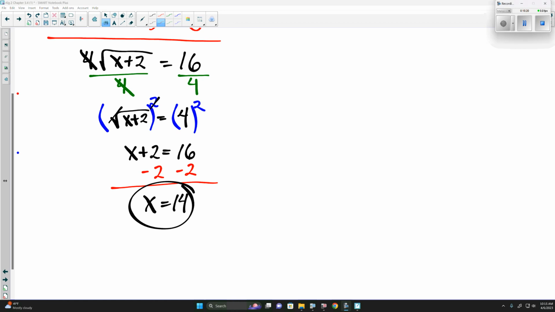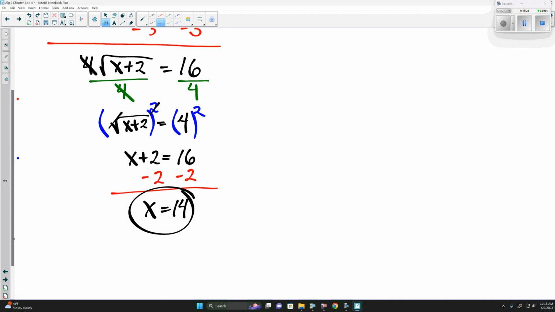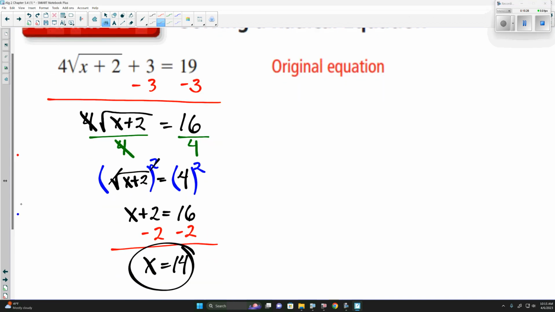So any questions on how we found the value of x? Now at this point, we can check this. 4 square root of 14 plus 2 plus 3 is equal to 19. So if this is the value of x that works, and it should be, this should give us a true statement.